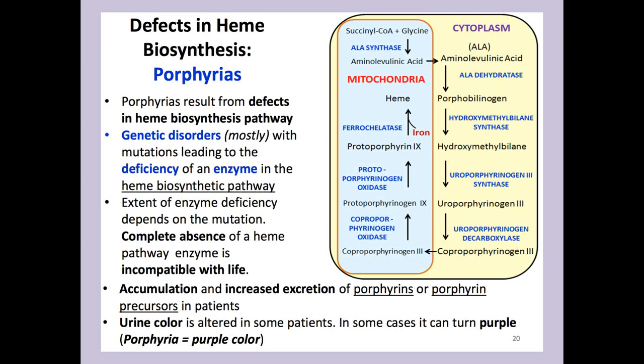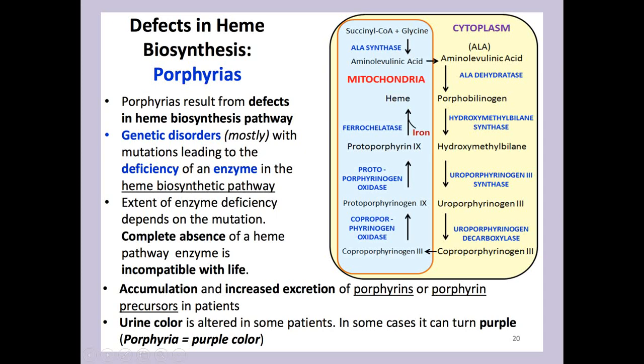Genetic disorders mostly occur due to mutation leading to the deficiency of an enzyme in the heme biosynthetic pathway. Complete absence of a heme pathway enzyme is incompatible with life. So, accumulation and increased excretion of porphyrins or porphyrin precursors in patients is usually the common presentation.